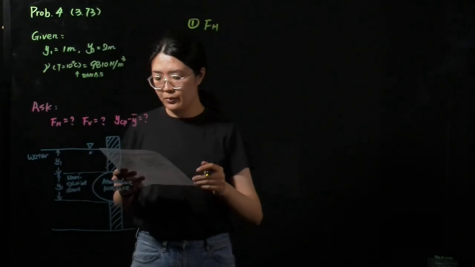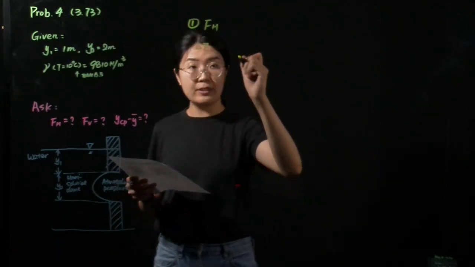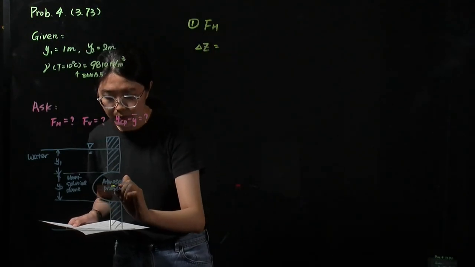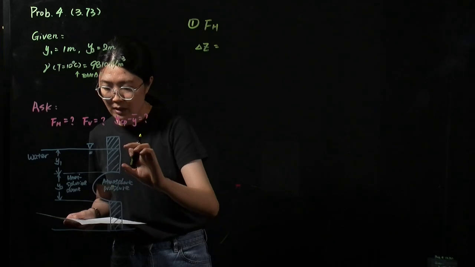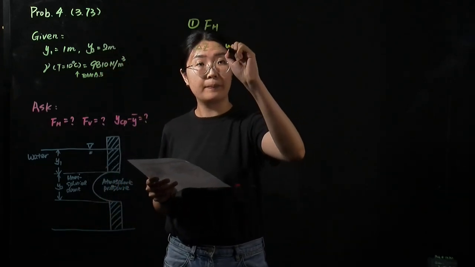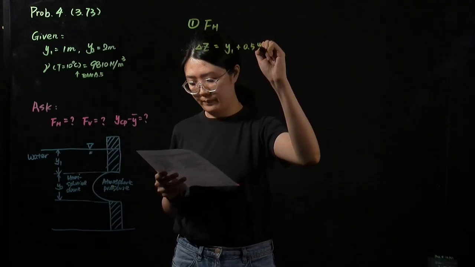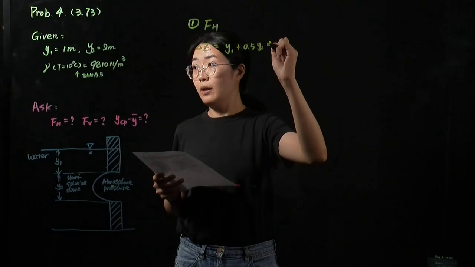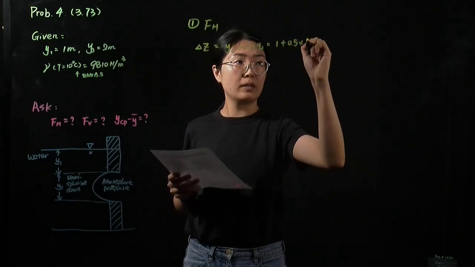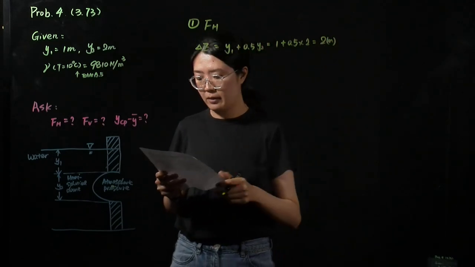To do that, we first need to determine delta z, which is the depth of the centroid. So the depth of the centroid should equal y1 plus half of y2. Y1 is 1 meter and y2 is 2 meters. So delta z is 2 meters.